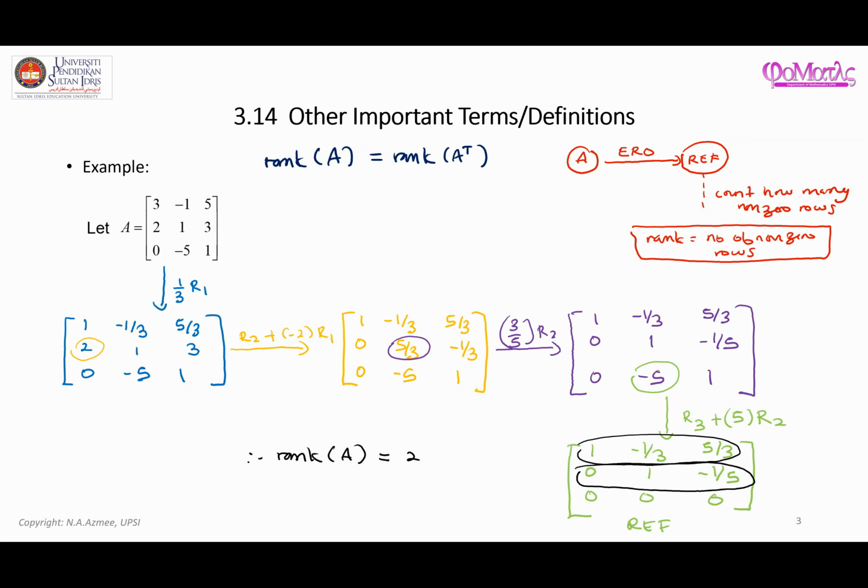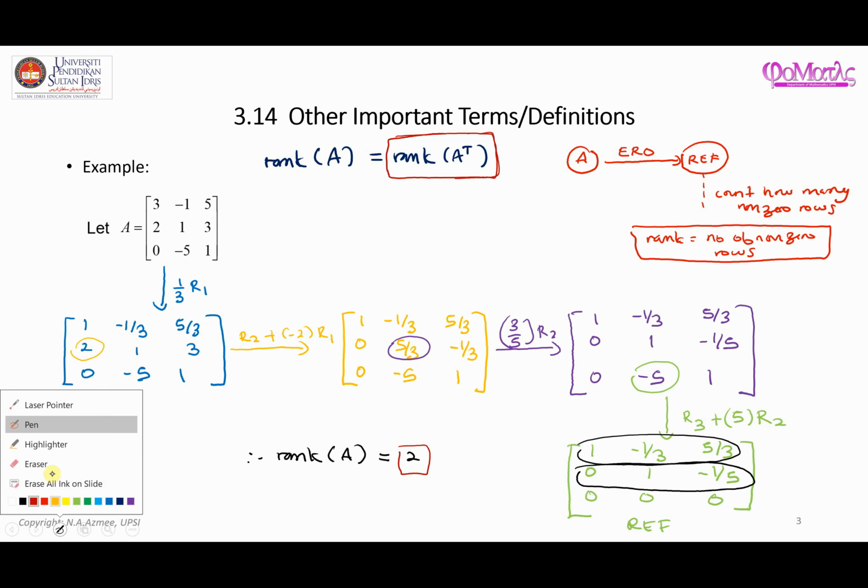Now we are going to demonstrate that if you transpose this matrix, the rank of the transpose matrix is also equal to 2. Okay, so that is the next thing that we're going to do. Well, I'm just going to erase this part since we are done with everything here.